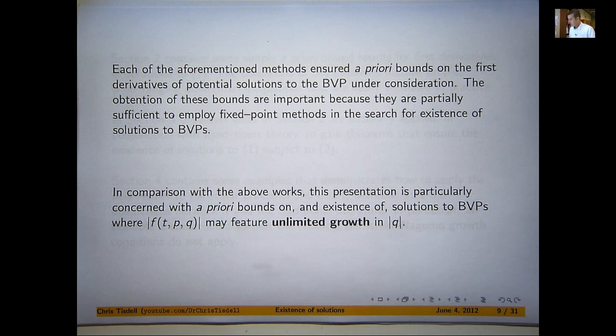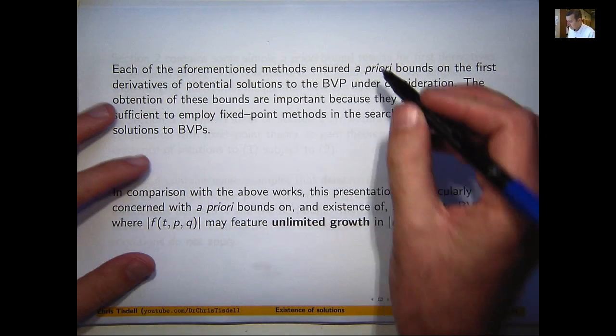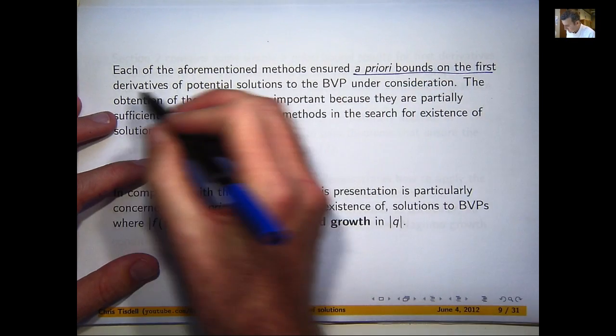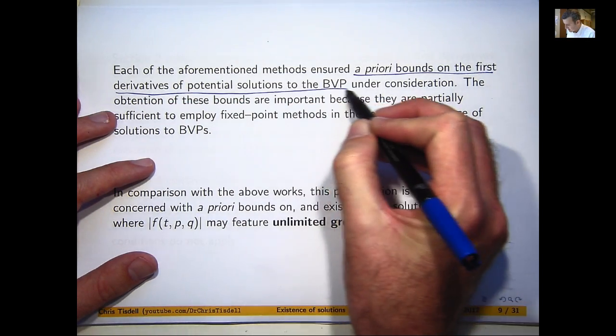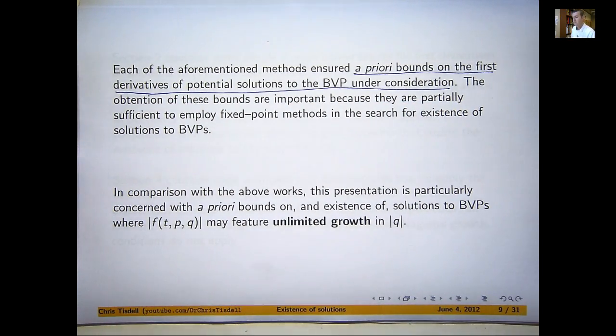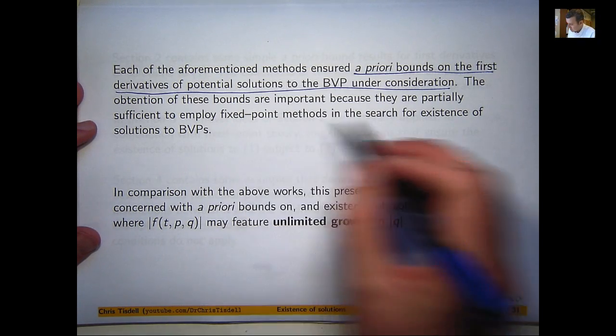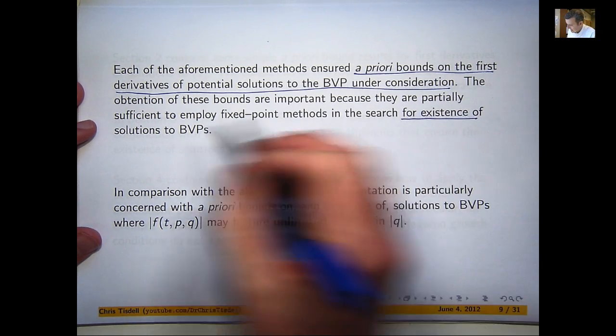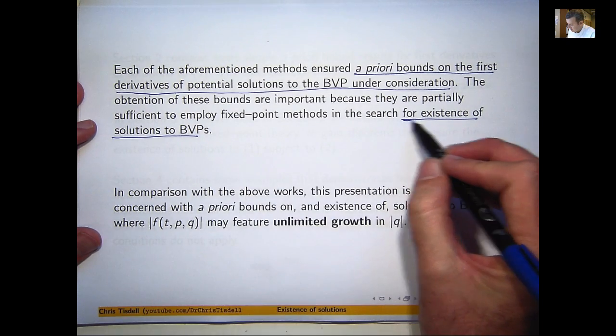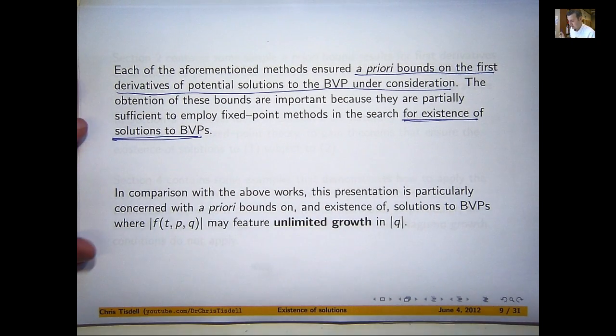Okay, so the search for a priori bounds on the first derivatives of potential solutions to the boundary value problem under consideration is very important, because once we have that knowledge, we then hopefully can use it in conjunction with other ideas to obtain the existence of solutions to our boundary value problem.